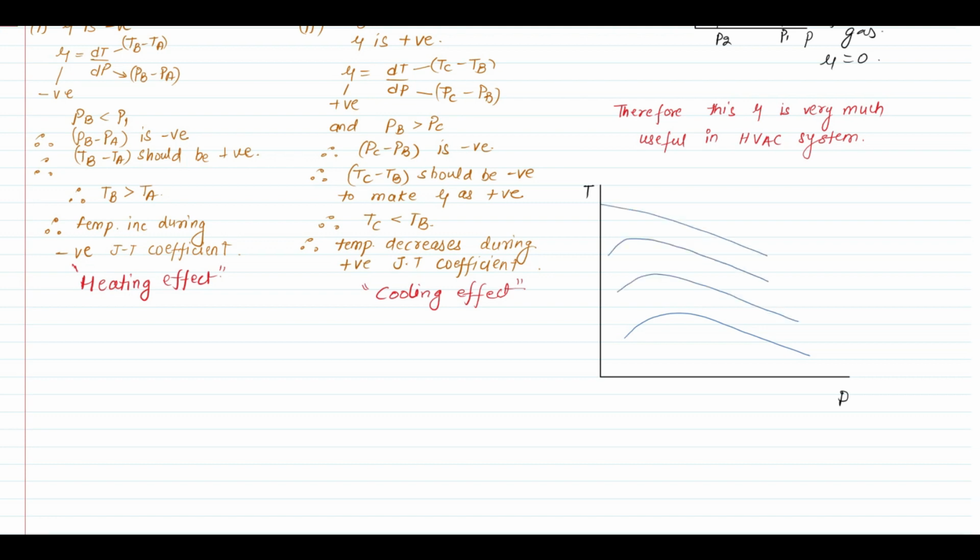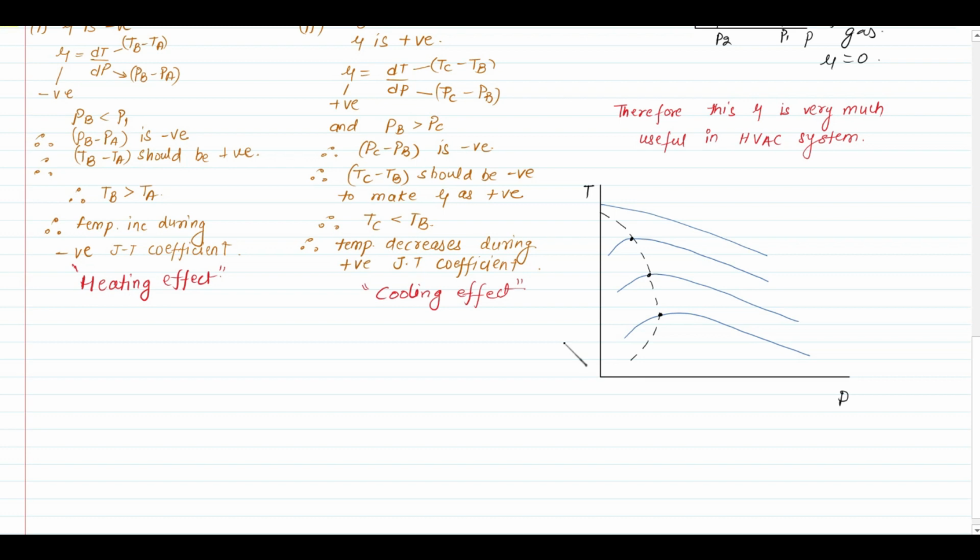Plotting the result of the real gas for different enthalpy conditions, we found this type of PT diagram, joining the locus of the inversion temperature points. We find this type of curve.